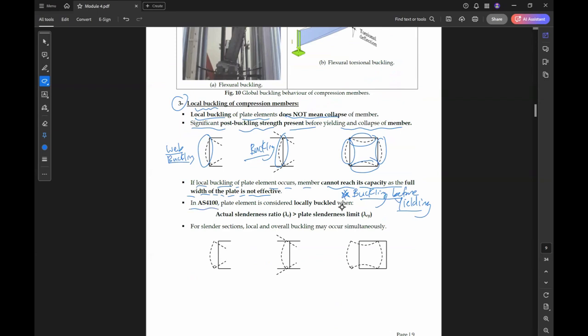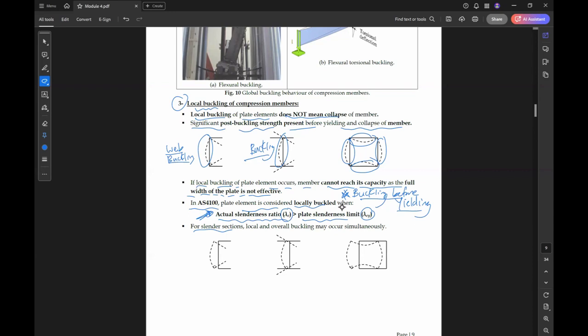In the Australian standard, a plate element is considered locally buckling when the actual slenderness ratio, lambda e, is more than the plate slenderness ratio, lambda ey. We will see this later, but this is when to consider local buckling of the member.